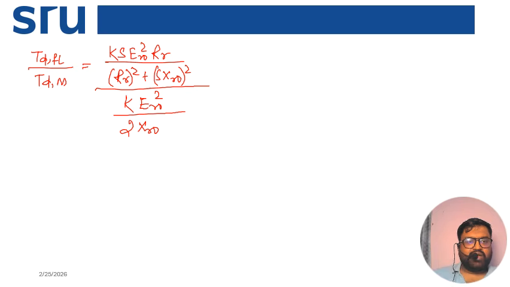Since I am finding the relation between these two, K cancels out and ER0 square cancels out.